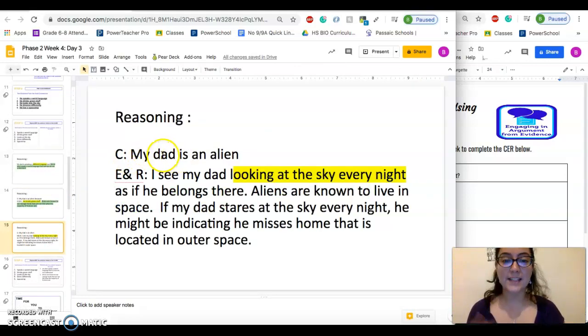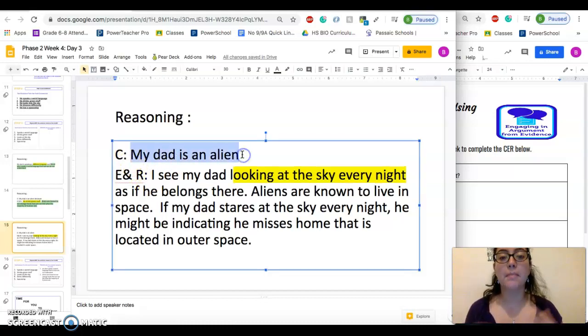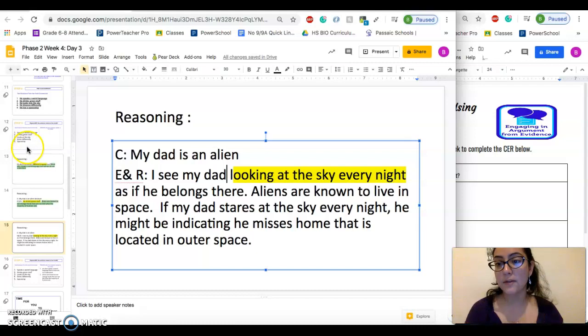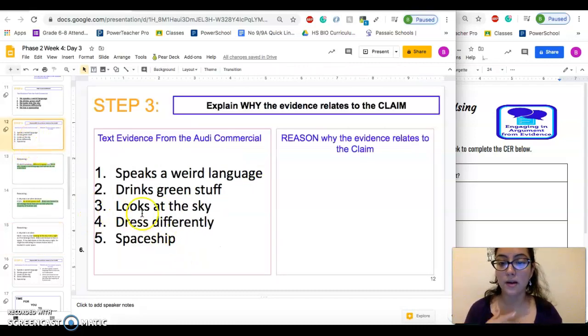And the last way of writing a reasoning. Once again, our claim is my dad is an alien, or the daughter thinks her dad is an alien. Remember, this is the perspective of the daughter that I'm writing in. So the reasoning is, I see my dad looking at the sky every night as if he belongs there. That's evidence number 3, looks at the sky.